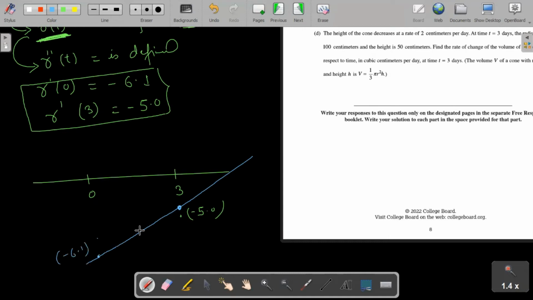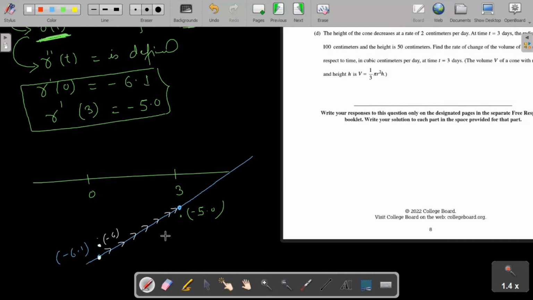So it is continuous and it has to pass from minus 6.1 to minus 5.0. So can we say confidently that there will be some point where the value is minus 6? Minus 6.1 will be here, minus 6 will be here, and the graph is continuously varying from minus 6.1 to minus 5.0.